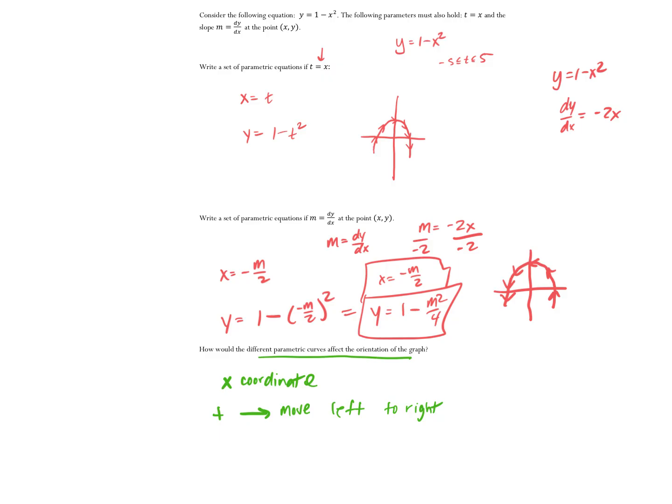Because if my x-coordinate were 1 over t, then as t increases, x would decrease. So you want to look for what happens to x as t increases. That's kind of your guiding question.